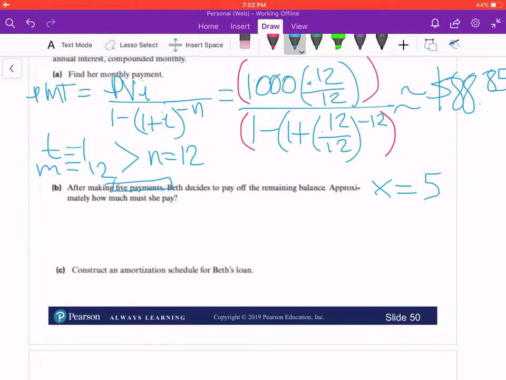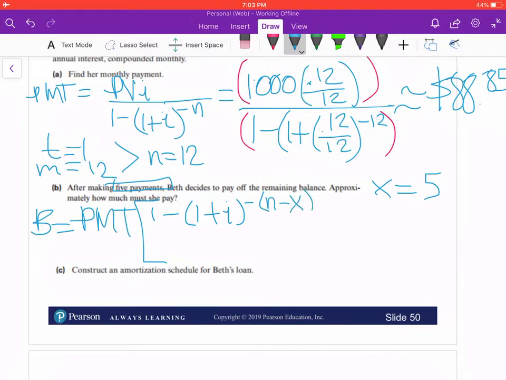And so now we're going to use the formula for the remaining balance, which is the payment multiplied by 1 minus 1 plus i to the power negative, and then in parentheses n minus x. And this will be divided by i.